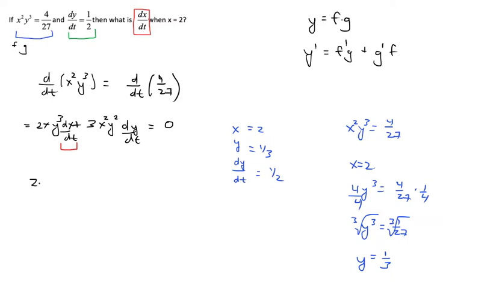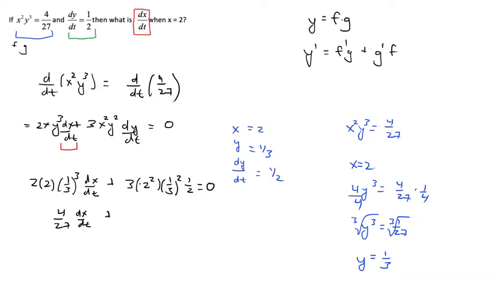So 2 times 2 times 1/3 to the third power times dx dt, remember, that is what we want to find, plus 3 times x squared times y squared times dy dt, which we know is 1/2, and that's going to equal 0. So from here, we should be able to work everything out. 2 times 2 is 4. This is going to be 4 over 27 dx dt.